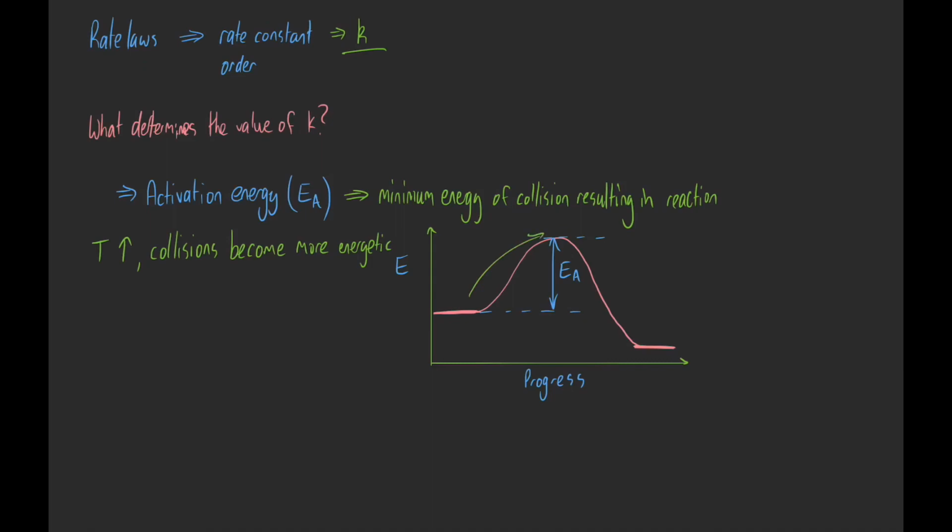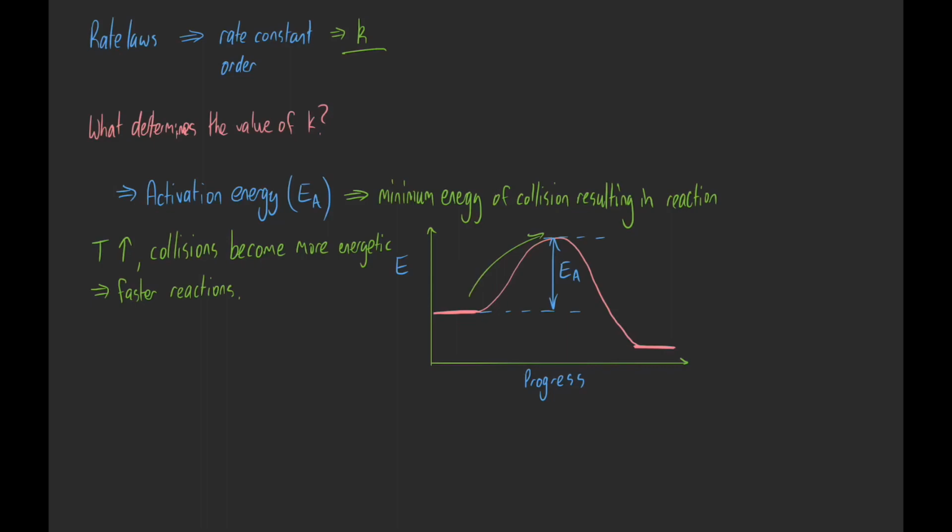So collisions become more energetic, therefore faster reactions. So that is one element of what determines the value of K. It's how big this energy barrier is that our collision has to get over.